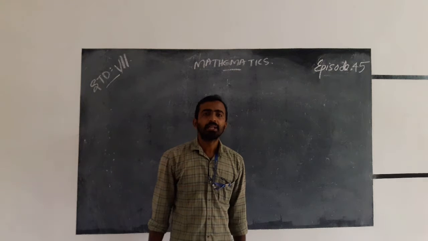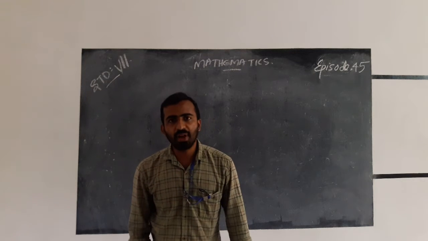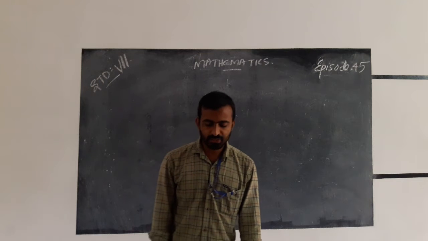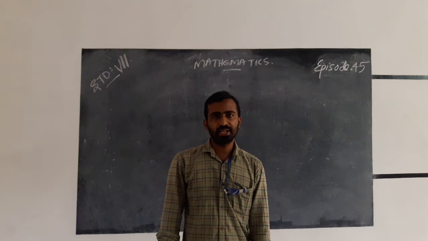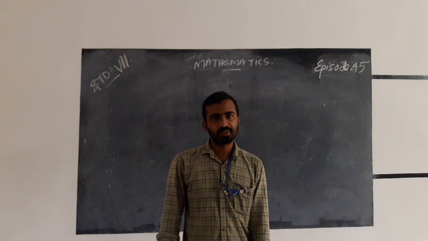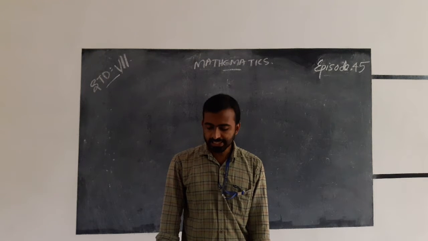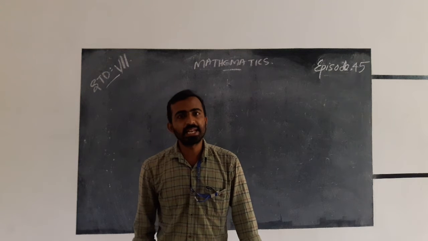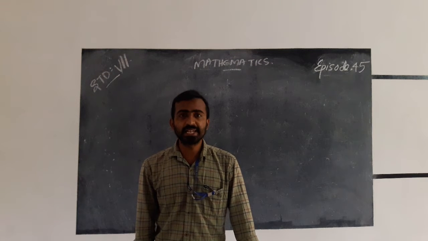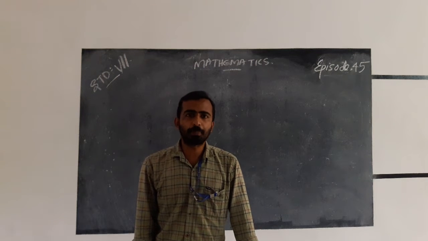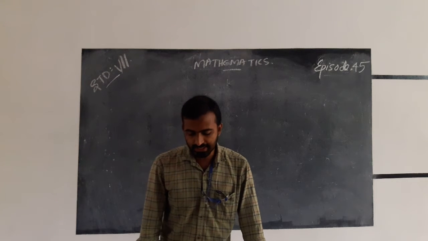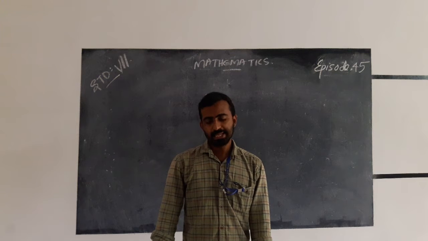This question also we can find in two methods. What is the first method? Profit is 20%. Selling price SP equals cost price plus profit.